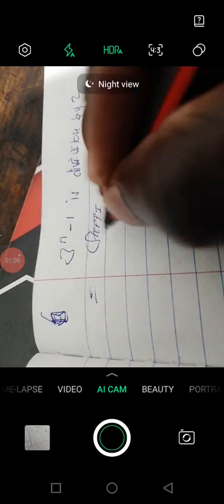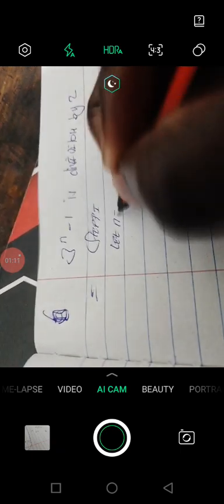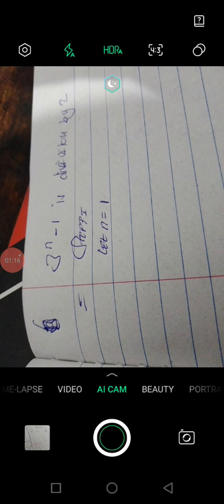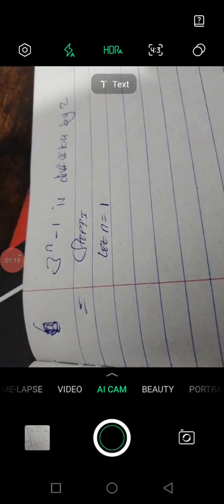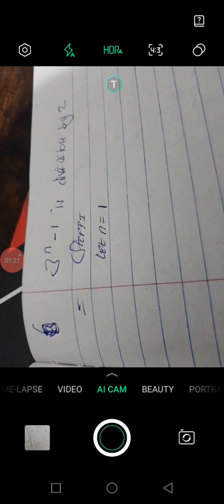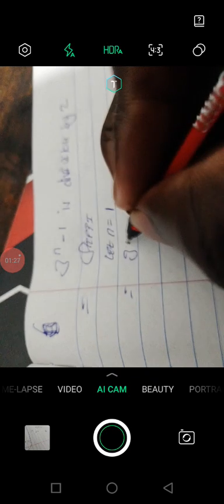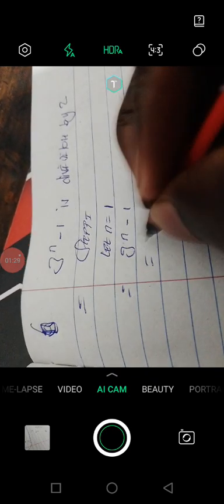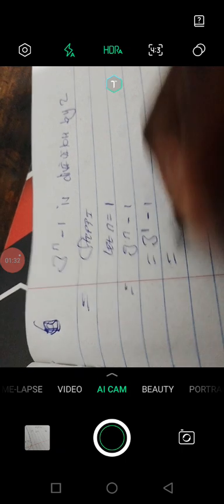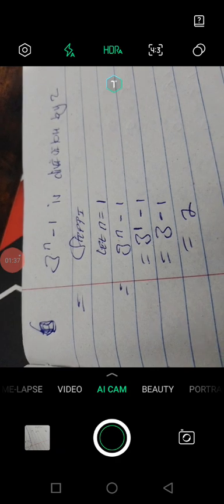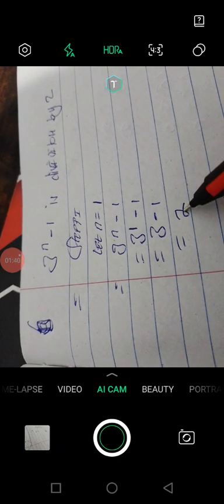So we'll go step 1. Step 1 always is let n is equal to 1, because no assumption or condition has been given, so you have to develop this assumption on your own. Therefore, we get the actual equation: 3 to the power n minus 1, with n being 1, is 3 minus 1, which is equal to 2.